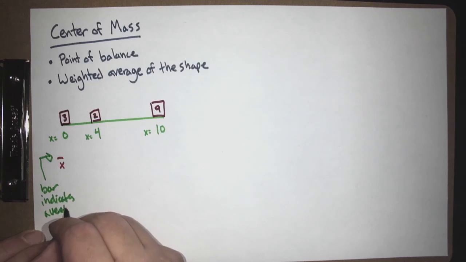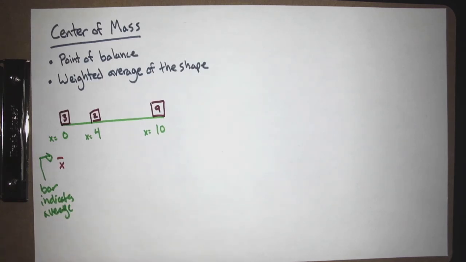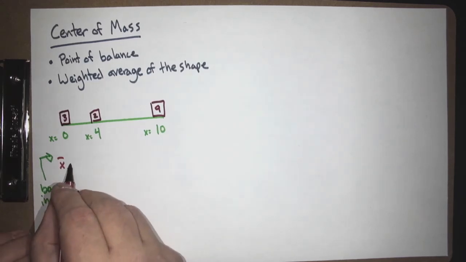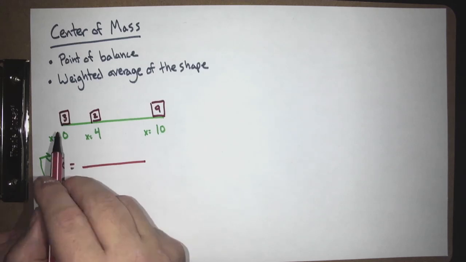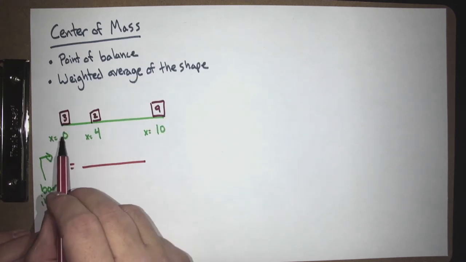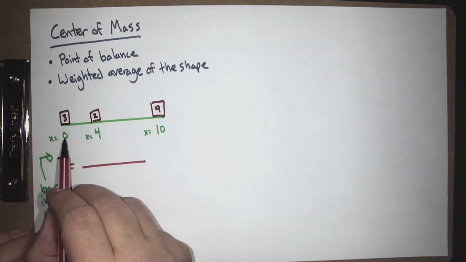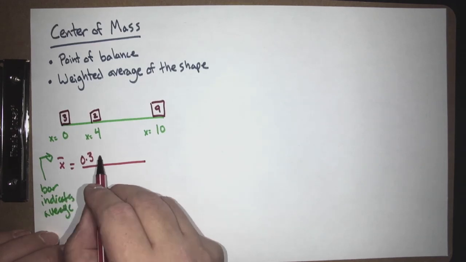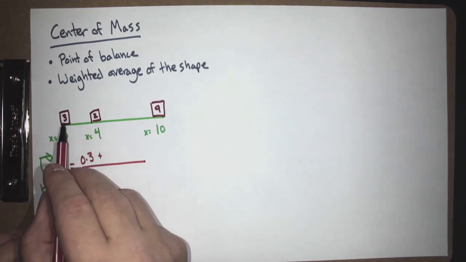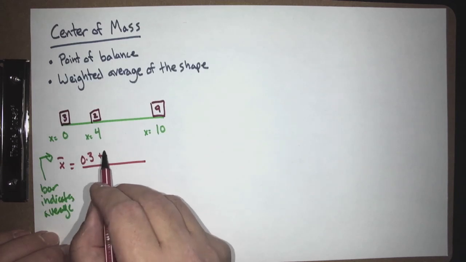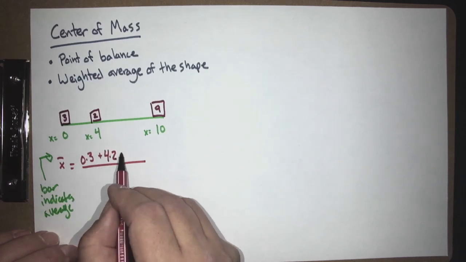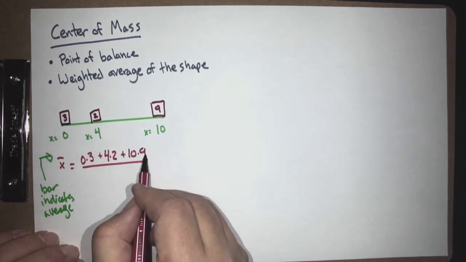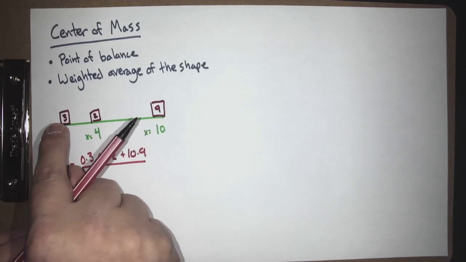The average is going to be a ratio. First off, let's look at the individual contributions. Location 0 got 3 votes. Location 4, you can think of the weight in terms of votes, had 2 votes. And location 10 had 9 votes. So I'm taking location times weight.